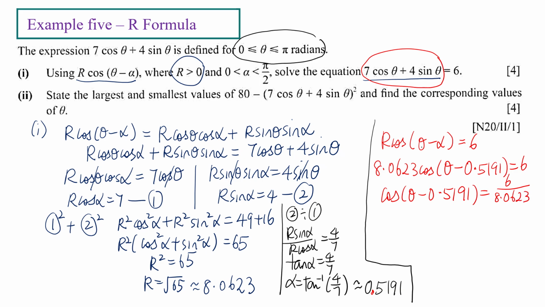Okay, so from here, it's pretty easy already. You will see that the angle is between 0 and pi radian. And for cosine to be positive, it comes from the first and the third. So we just need to consider the first quadrant that will do. First quadrant. So we just have to cosine inverse this value.